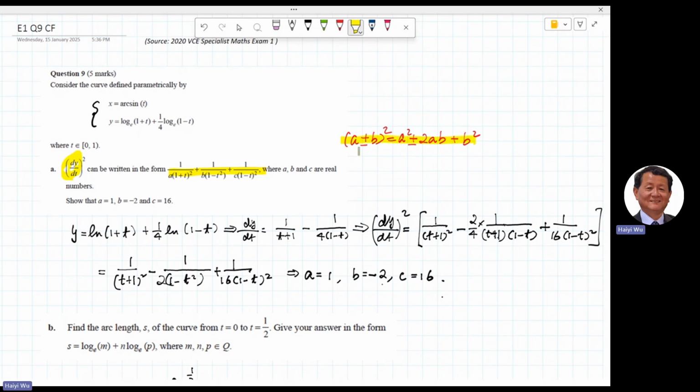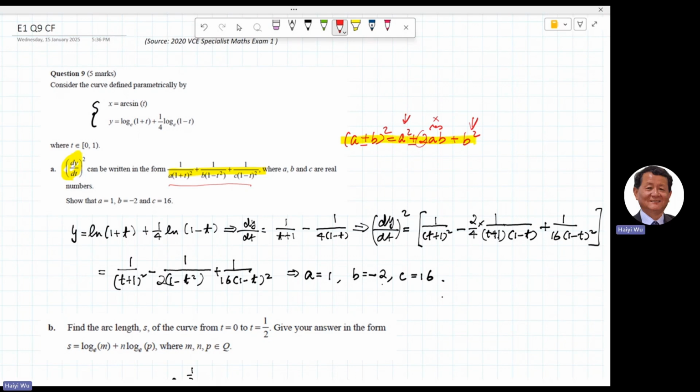When expanding the brackets, you've got a square term and a product, with a 2 in front of the product. So this is expanding a perfect square.